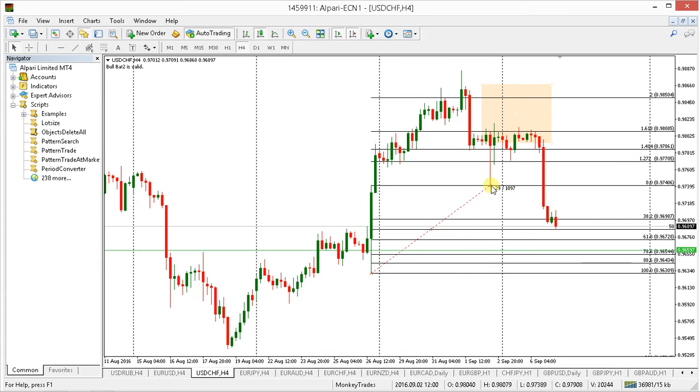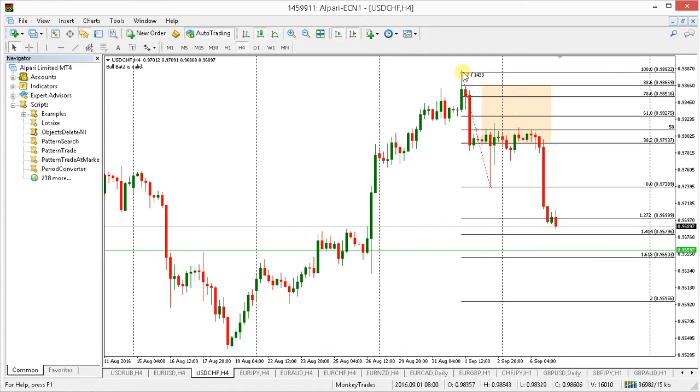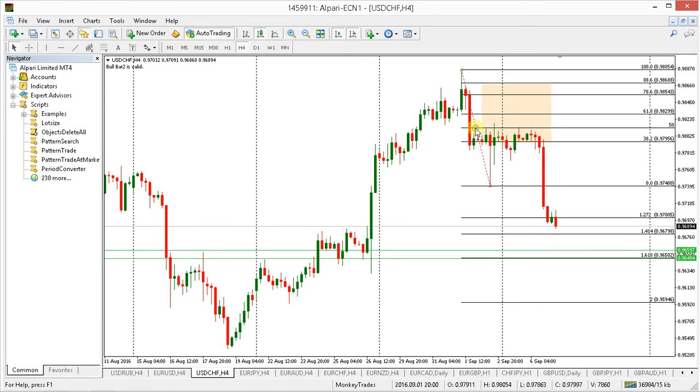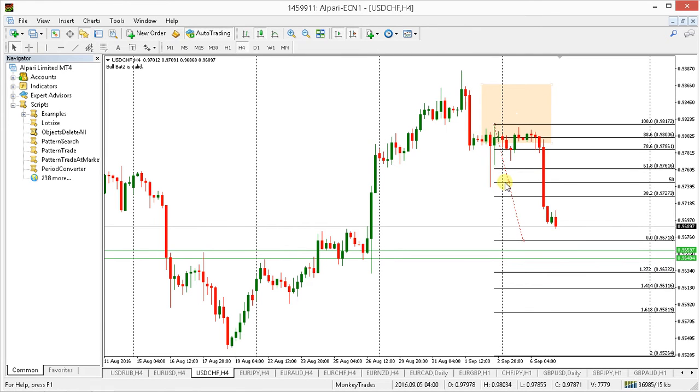The second line is 1618 extension. And the third line for this is 127 extended ABCD pattern.